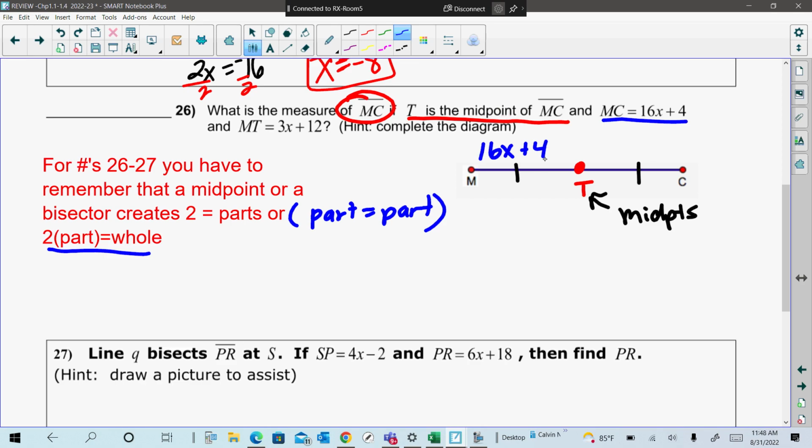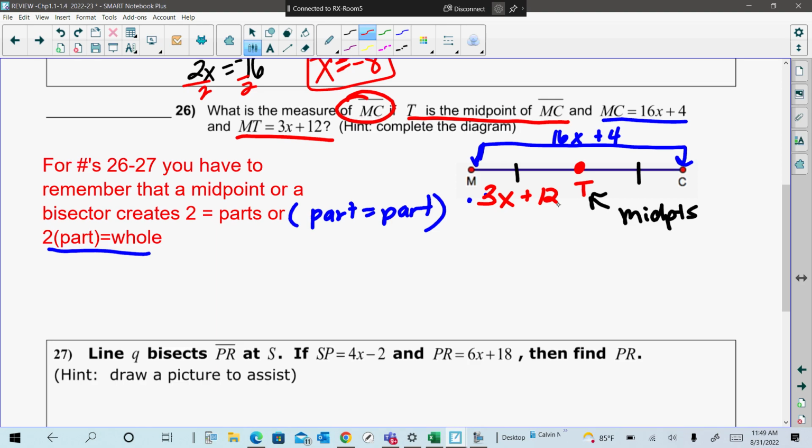Oh, sorry, I put that in the wrong spot. That was MC, so that's the whole thing. I'm going to go this way. So that's my 16x plus 4. And then we know MT, between M and T, is the 3x plus 12.